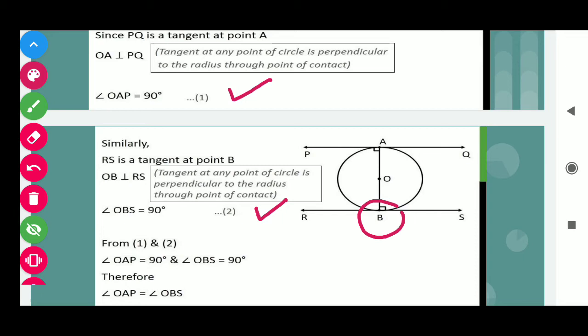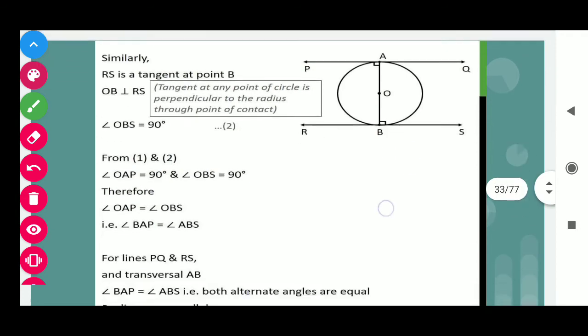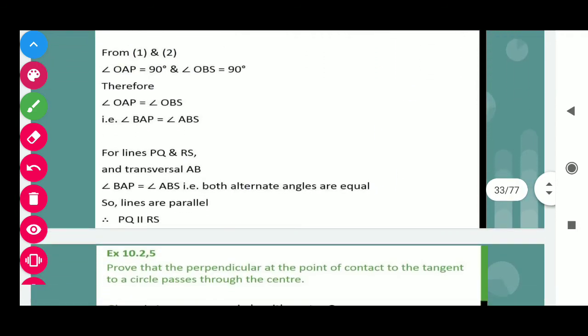But now students, you can also see that angle OAP is 90, angle OBS is also 90. Therefore angle OAP is equal to angle OBS. So in this way you can see that here alternate angles are equal.